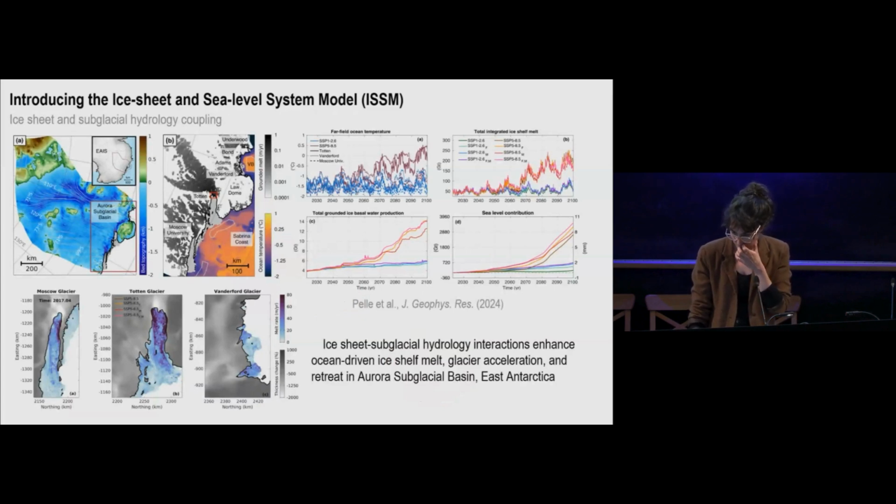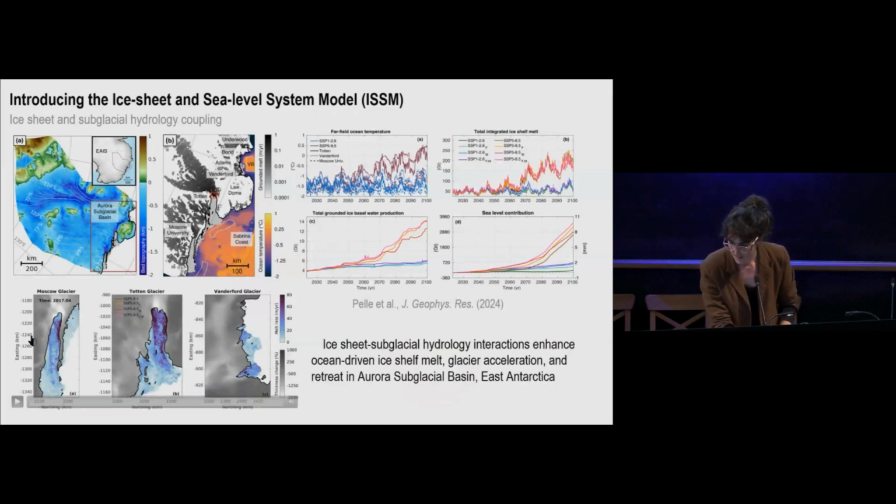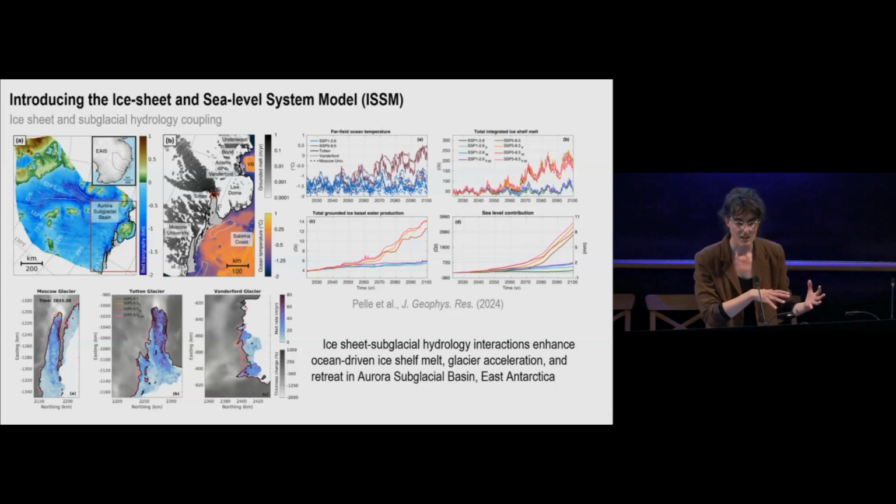Some recent work that we have also been involved in is the role of ice sheet modelling and subglacial hydrology. This was a paper led by Tyler Powell, published earlier this year, where we coupled the ice sheet model ISSM with a subglacial hydrology model.